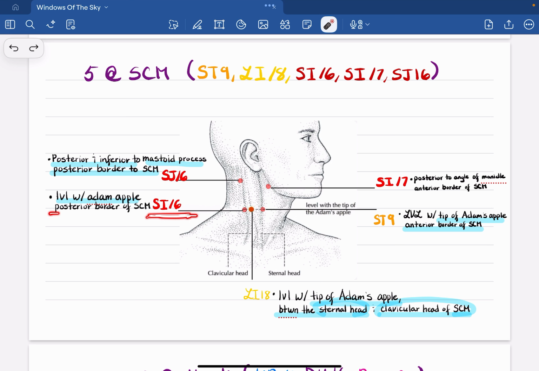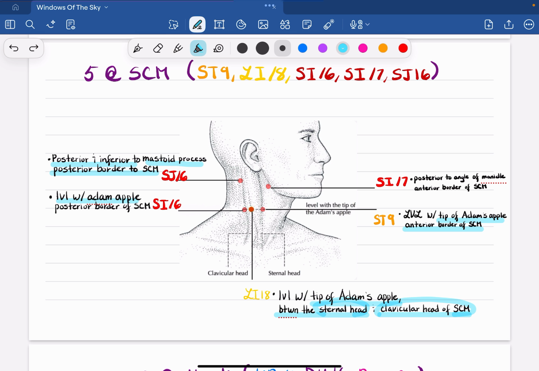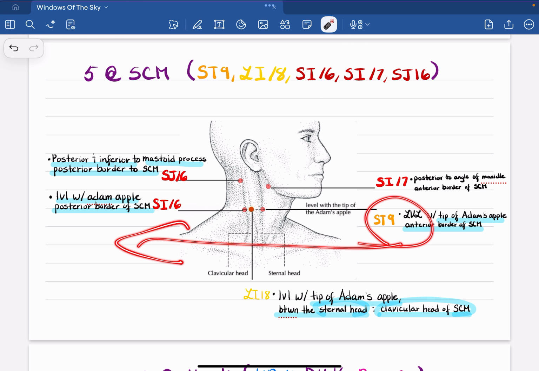And then SI16 is going to be posterior, of course, of the SCM. So that's how they're all aligned. But you have to know all 3 of them happen to be lateral or parallel with the Adam's apple. So that's how you'll find all of them, from the anterior line here, and then you go to the back here.